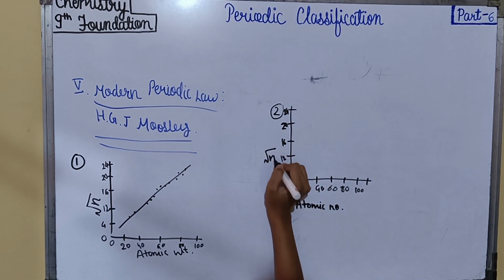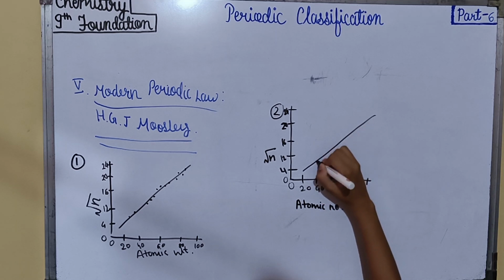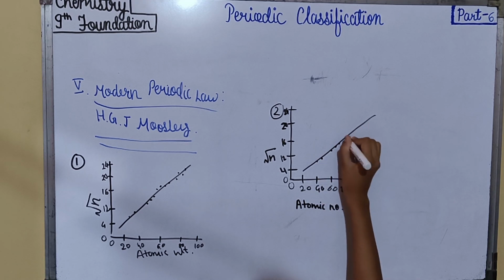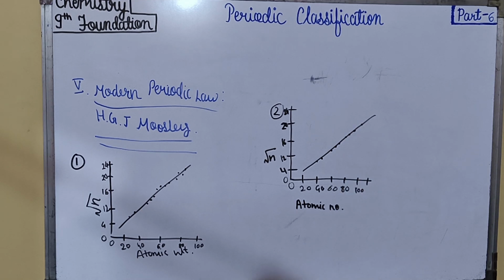He got a graph like this, which meant that the second graph, plotted for the frequency of X-rays versus atomic number, was found to be uniform.